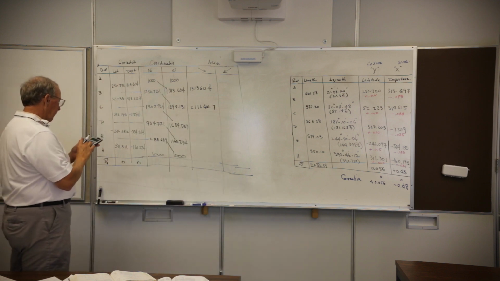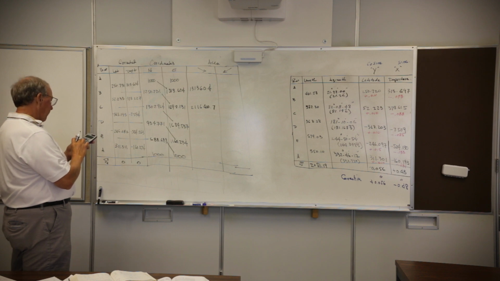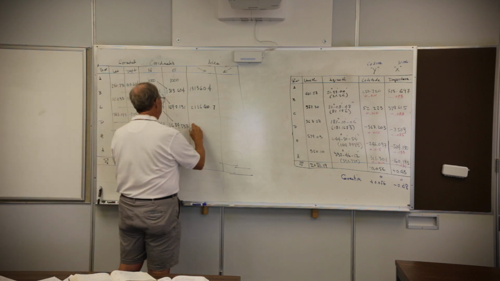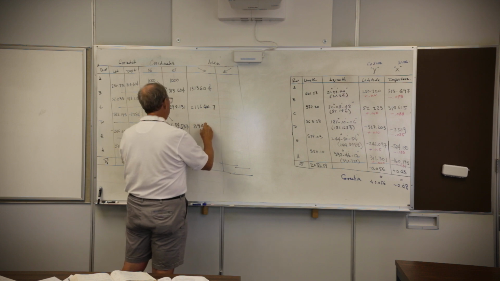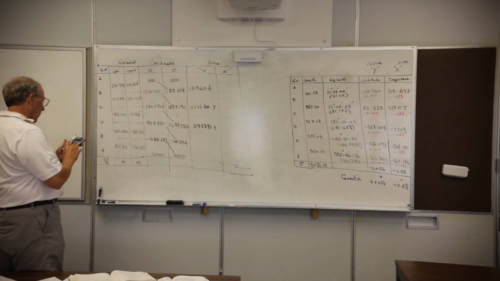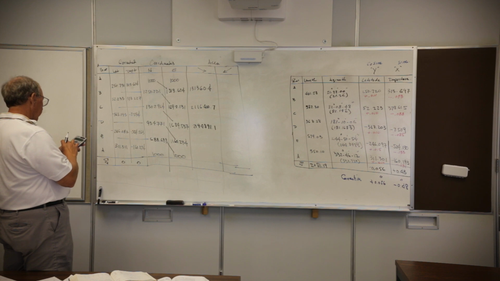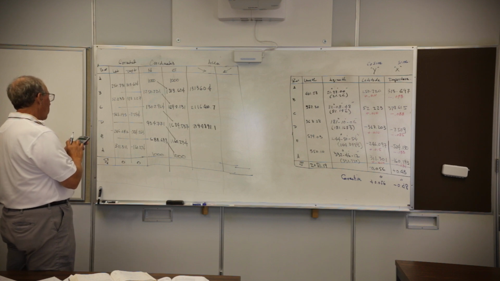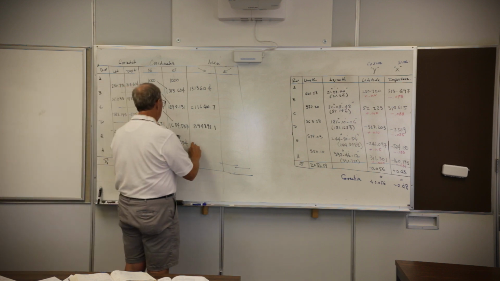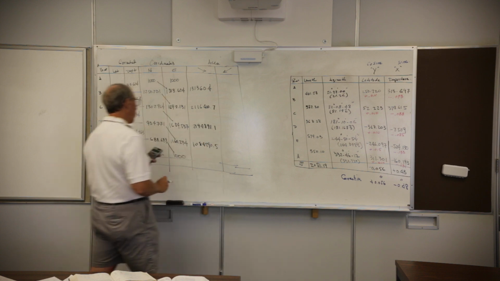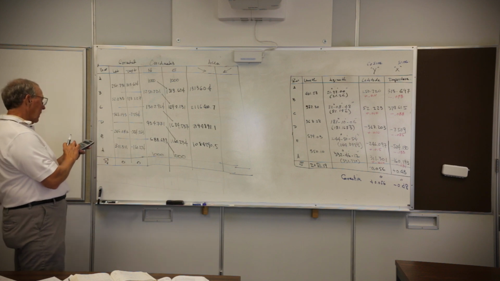Next one, 1302.964 times 1684.537. Then 934, then 1160. And the last one, 688 point.